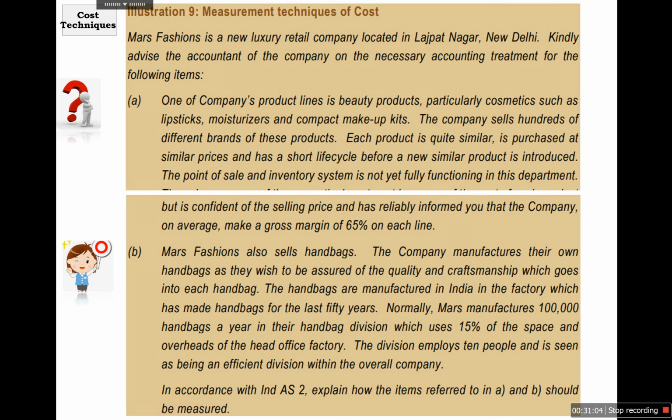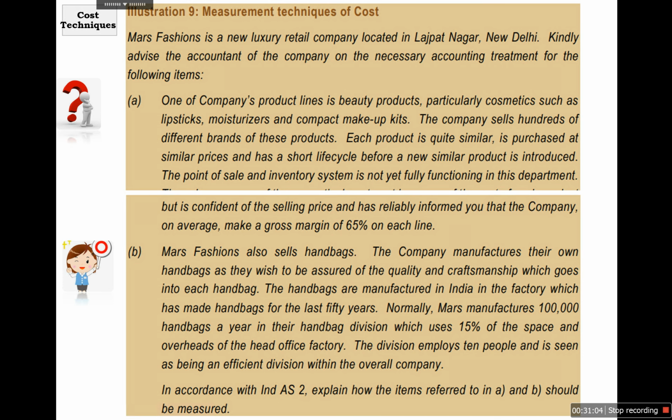And there are two options. It can be done item by item, and it can be based on a group of items also. But the group item method will be used if the items are similar in nature and are of the same product line, purpose and market area, and not practicably separable.